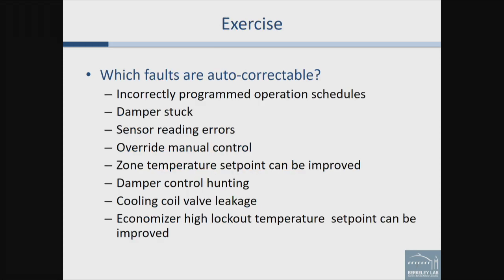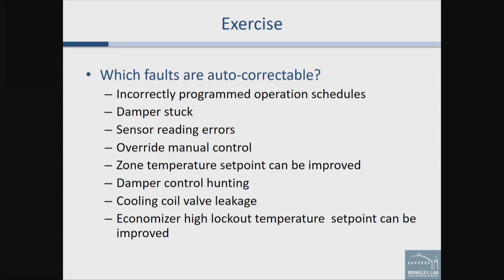At the beginning of our study, when we were thinking about auto-correction of faults, the first thing we needed to figure out was which faults are auto-correctable. So we know the FDD tool can report a lot of things. I don't think 100% of them can be fixed.